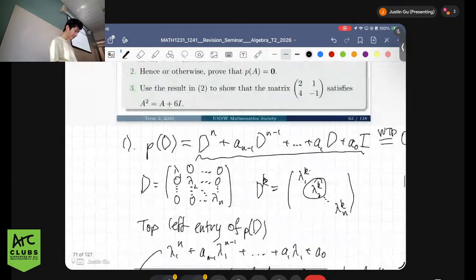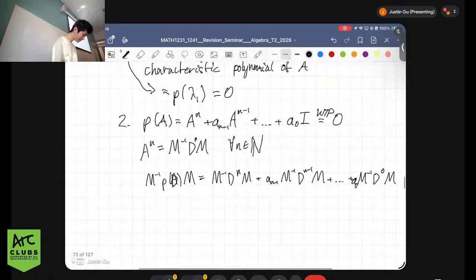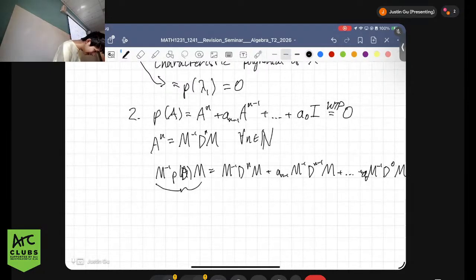From earlier, we've proved that P of D is the 0 matrix. So all of this stuff is just equal to the 0 matrix. Not vector, sorry.